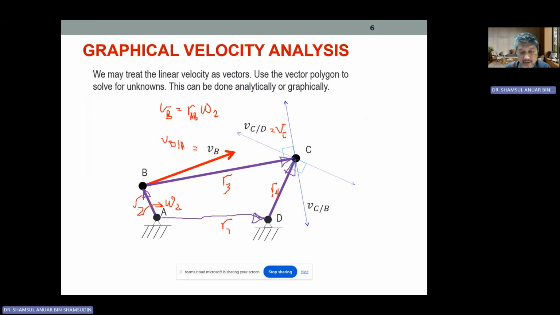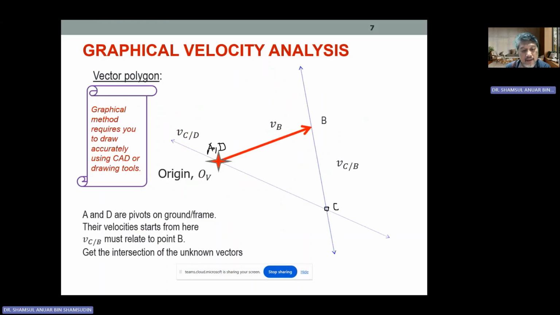Meaning VC is absolute, whereas VCB is the relative velocity of point C as measured from point B. The origin is at the tail of VB, and in terms of labeling in the velocity polygon, points A and D have to pass through this origin, origin OV.